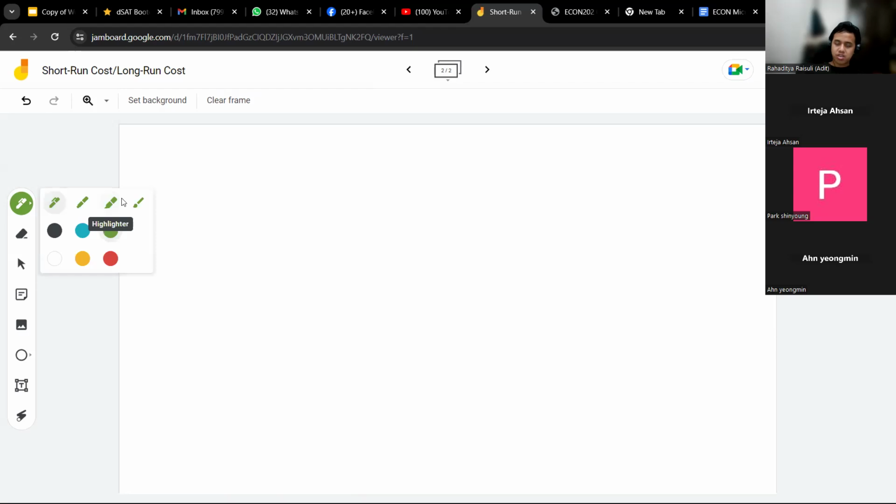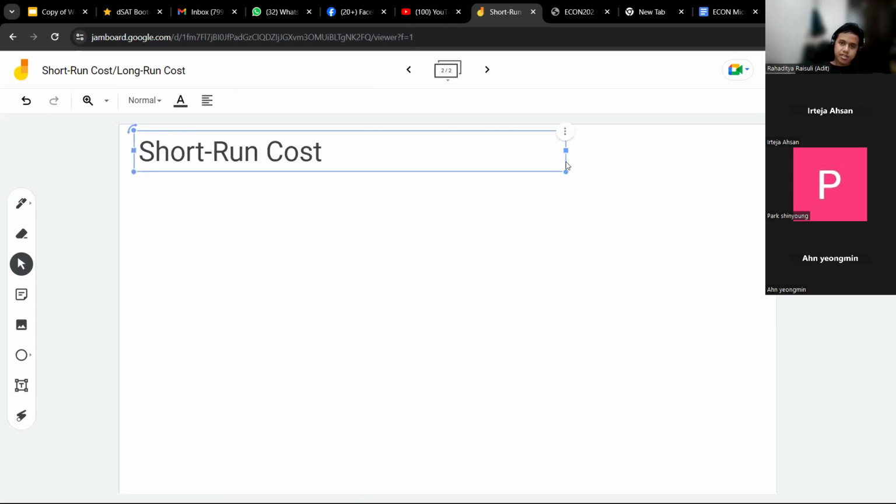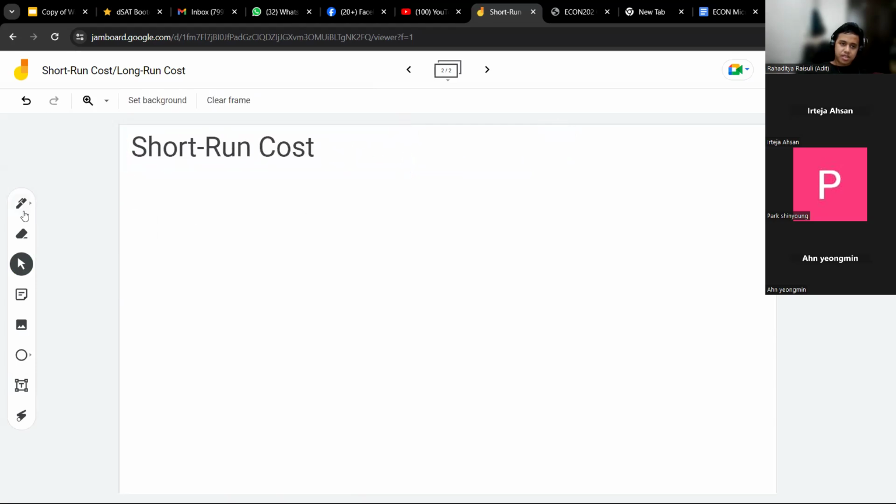So let's talk about short run costs. Short run cost is the one that we're mainly going to be looking at when we're talking about your ATC, your MC, your AVC, whatever. So I think the important thing here is to recognize the difference between each and everything.